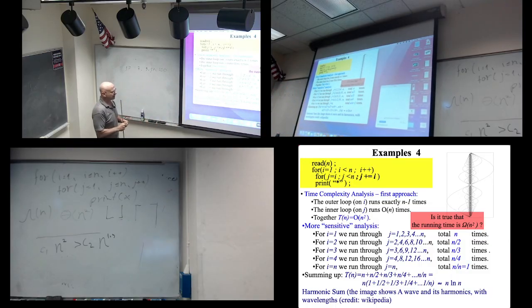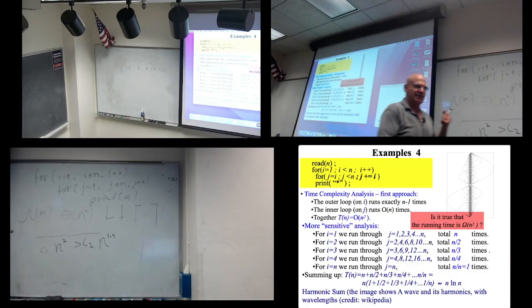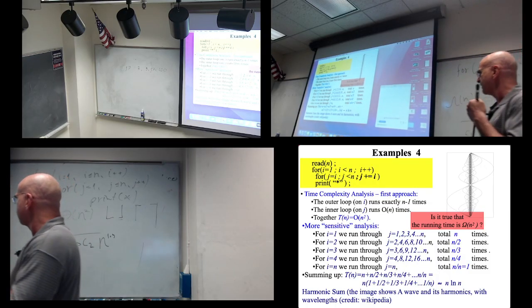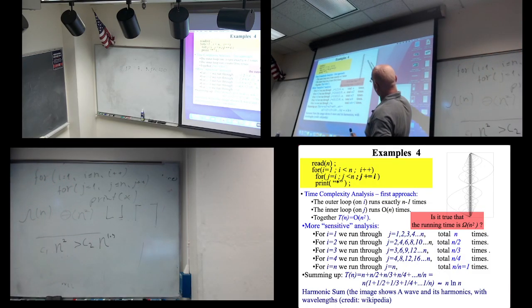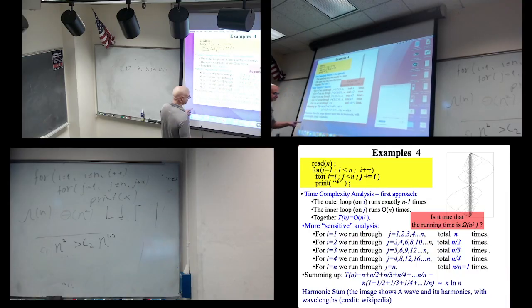How many people have seen it before? Just curiosity? Nobody. That's fine. We will actually use it in several cases, the harmonic sum. Why is it called harmonic? Because if you have a harmonic wavelength, I stole it from Wikipedia, then you can have a wavelength of length 1 or half or 1 over 3 or 1 over 4, and so on, if the length is 1.